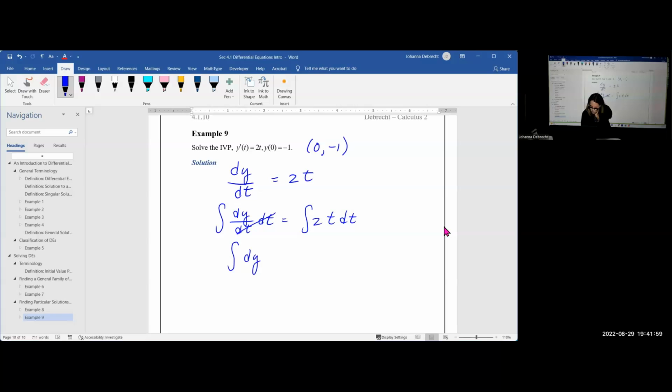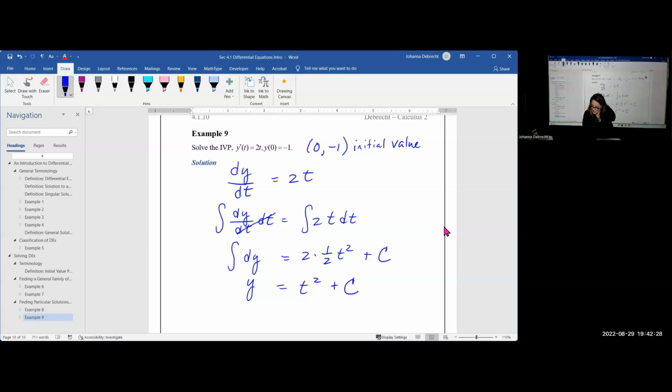So we have the integral of dy, which gives us y. And this gives us, of course, 2 times 1/2 t squared plus a constant, which gives us t squared plus a constant. That's the general solution. Now, once we have the general solution, we want to find the particular solution using our initial value up here, our initial condition.